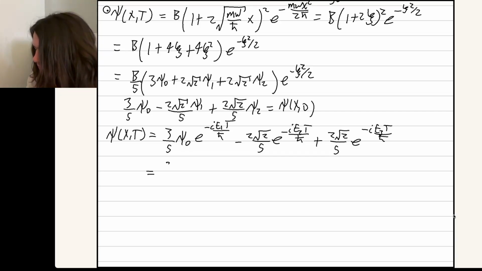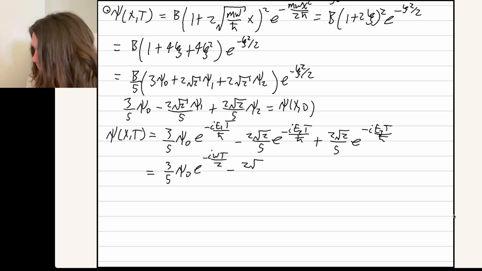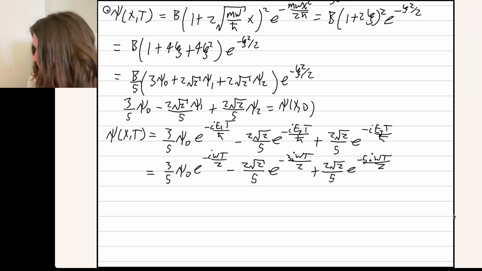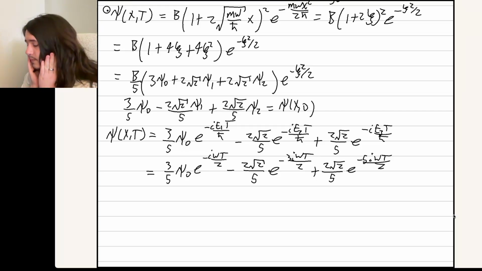And we know what those energy values are, so let's just write them out. We got e to the minus I omega capital T over 2, minus 2 root 2 over 5 e to the minus 3 I omega T over 2, plus 2 root 2 over 5 e to the minus 5 I omega T over 2. Right.